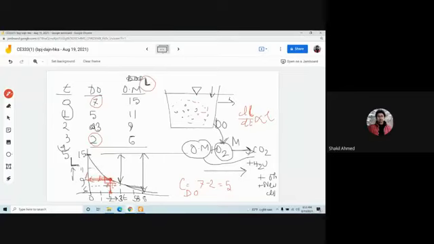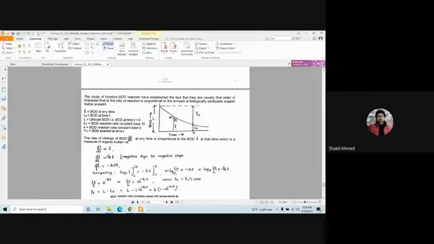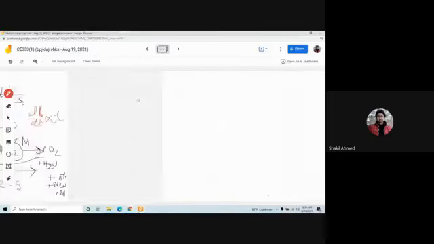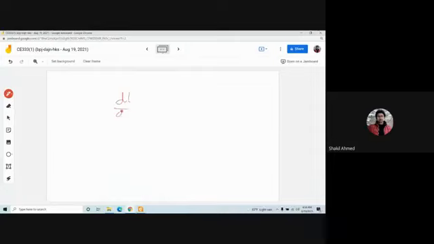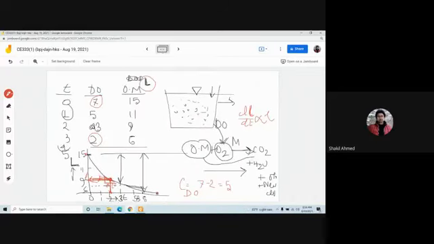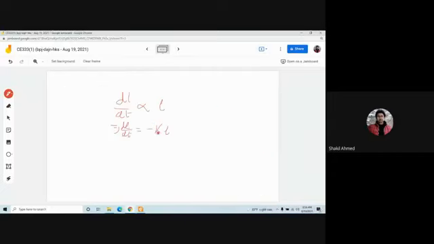This point, this time, this L. Okay, so you can make it equal by using a constant, and dL by dt is proportional to L. So we can write dL by dt equals minus k into L. Why minus? Because with time this is decreasing. That's why we provided a negative sign here. Okay.